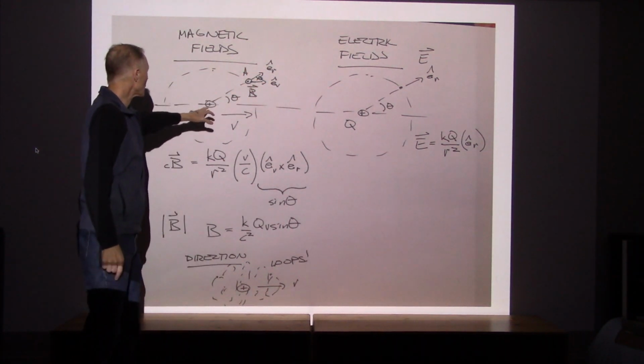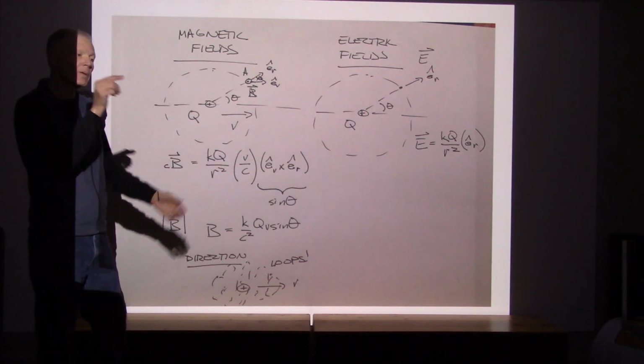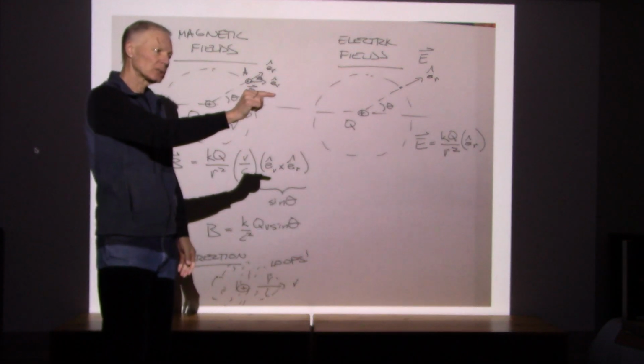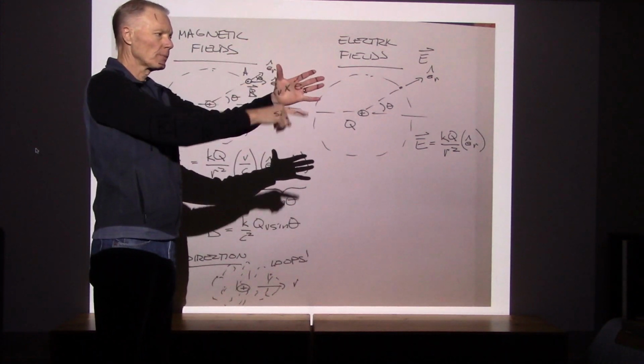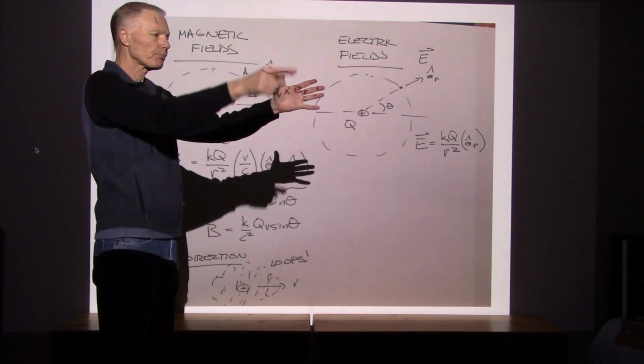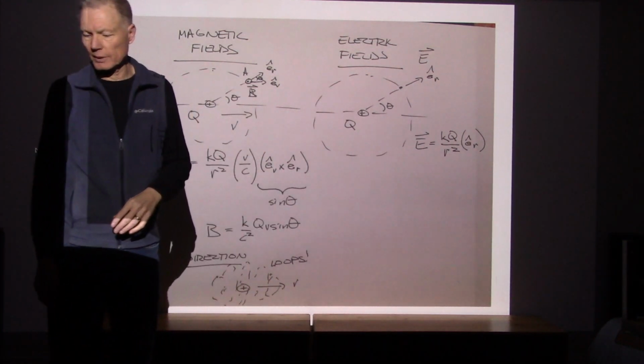So the charge is located here. At some instant, it's got a velocity in this direction, and what that's going to create are looping magnetic fields surrounding the path of the velocity.